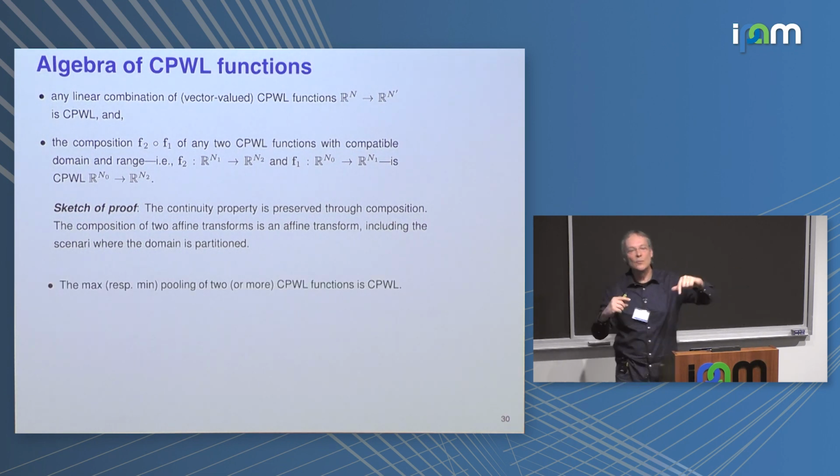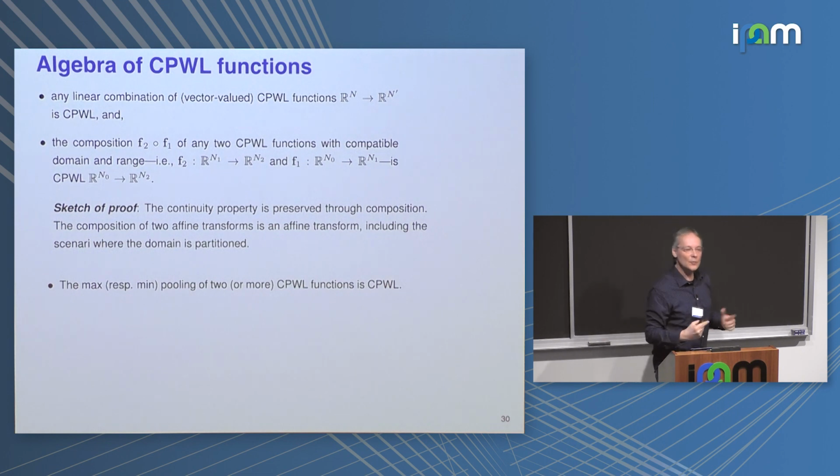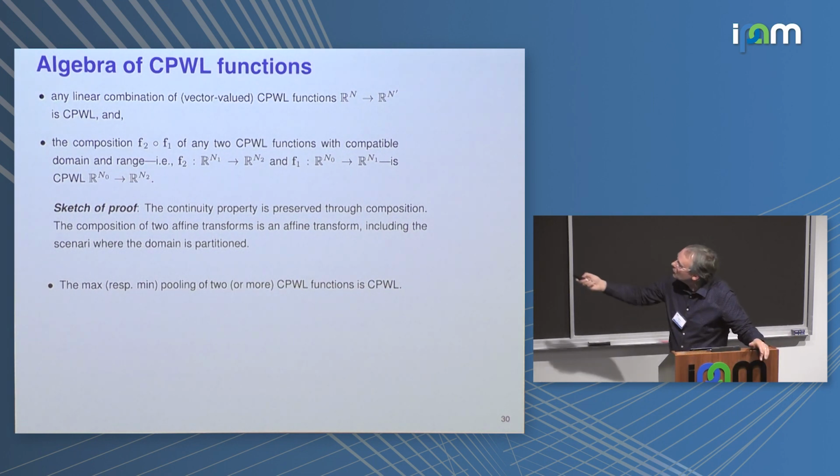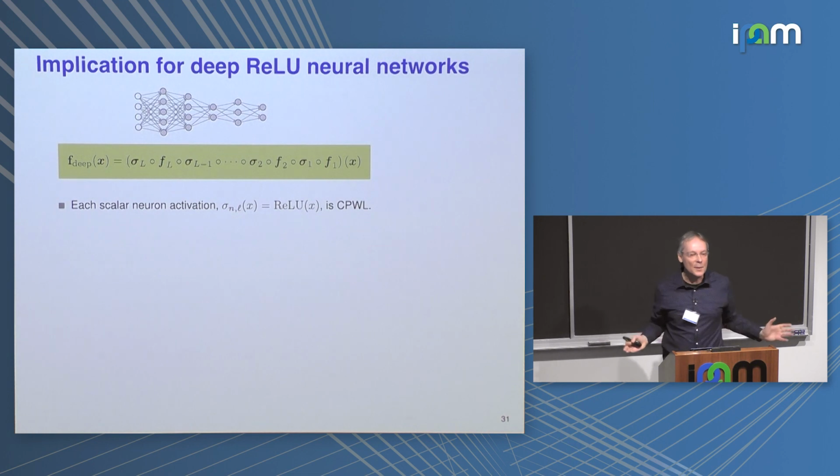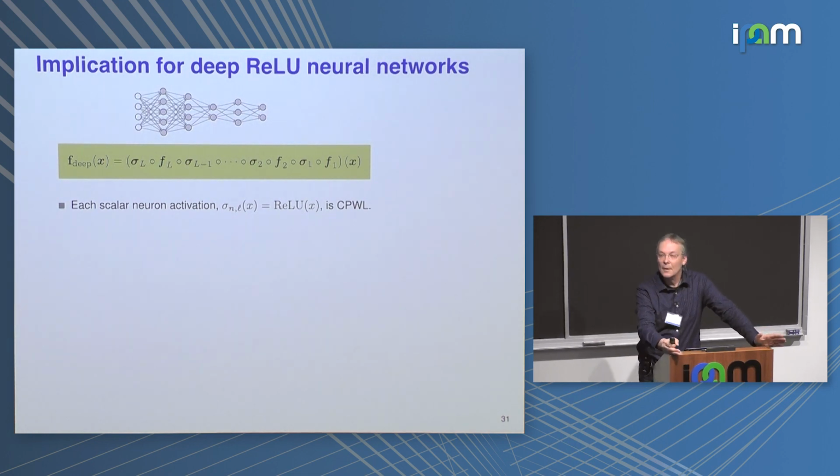Actually now if you do a max of continuous piecewise linear functions, it's still continuous piecewise linear. If you do a min also, if you do an average also. So if you do all kinds of things, actually if you do the kind of things you do in a neural network, you're just preserving this continuous piecewise linear property.